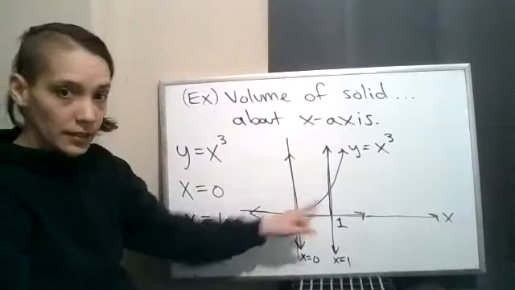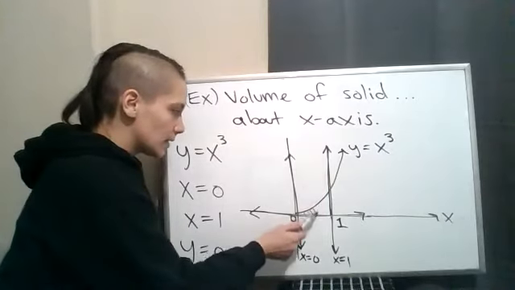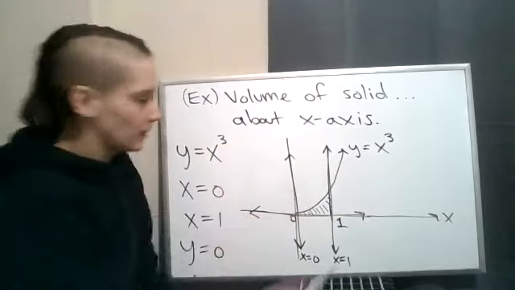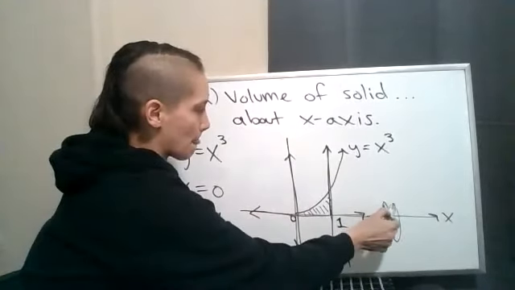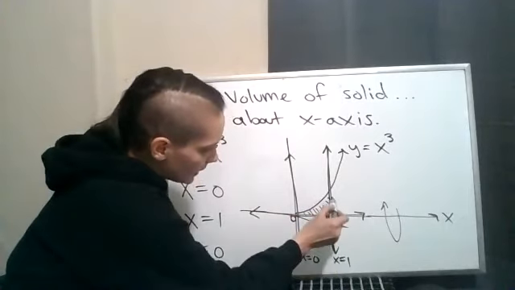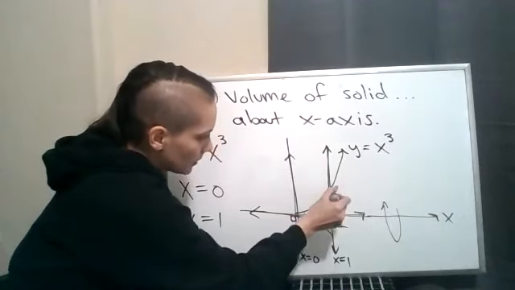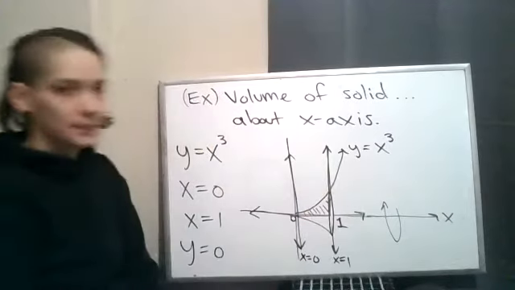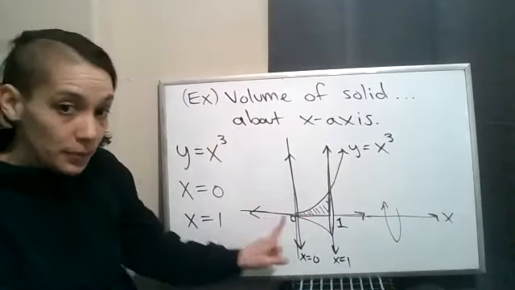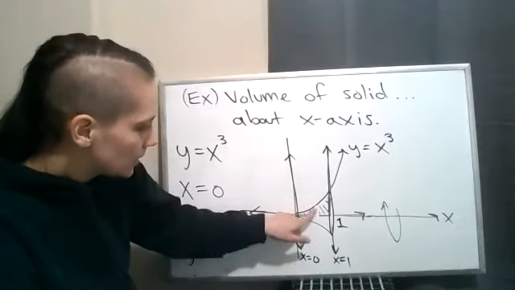So that's the region. And then we rotate. So go this way and maybe draw. And we would put discs from x equals 0 to x equals 1. And let's draw a disc.